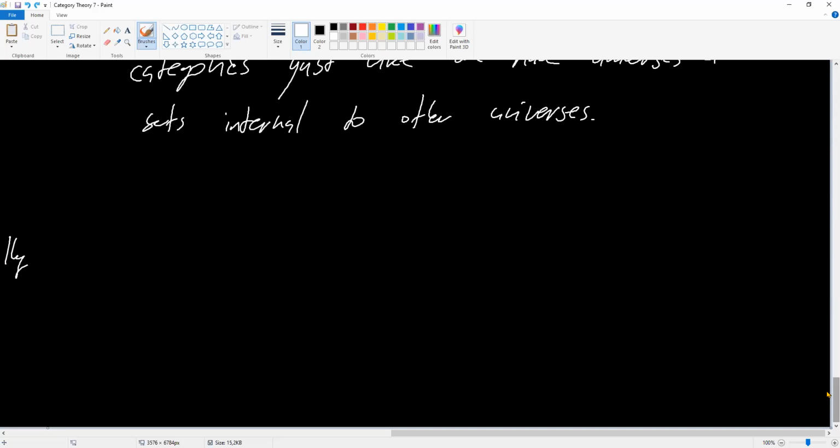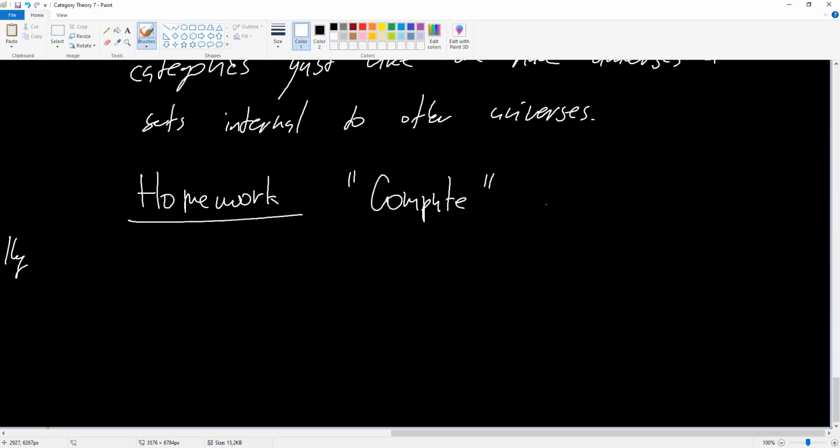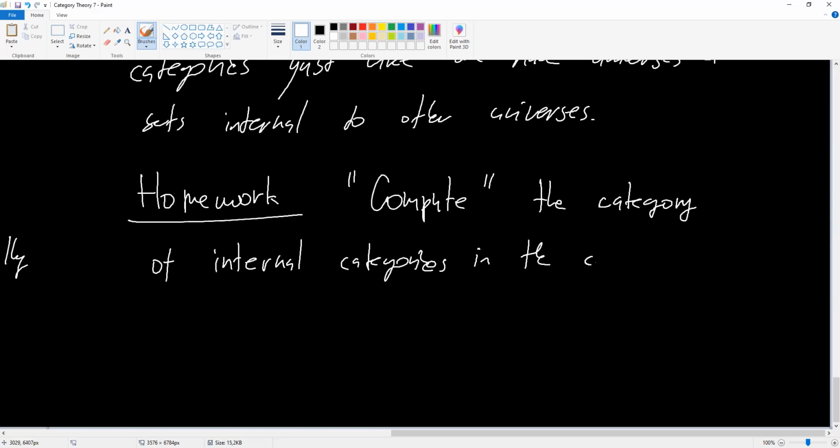So in my second year, I presented this project where I computed what is the category of internal categories in the category of abelian groups. I'm going to explain what I mean by compute here.